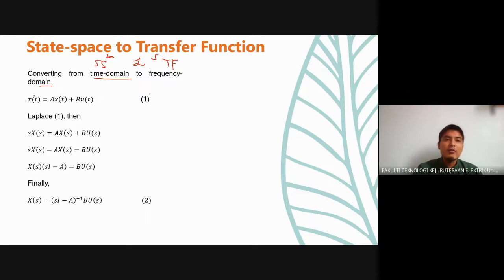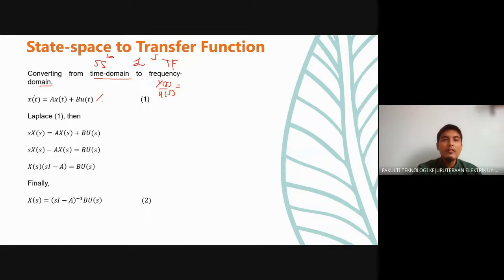So we take the first equation of the state space, x dot(t) equals Ax(t) plus Bu(t), and our target is to obtain the output divided by input, because that is the transfer function.